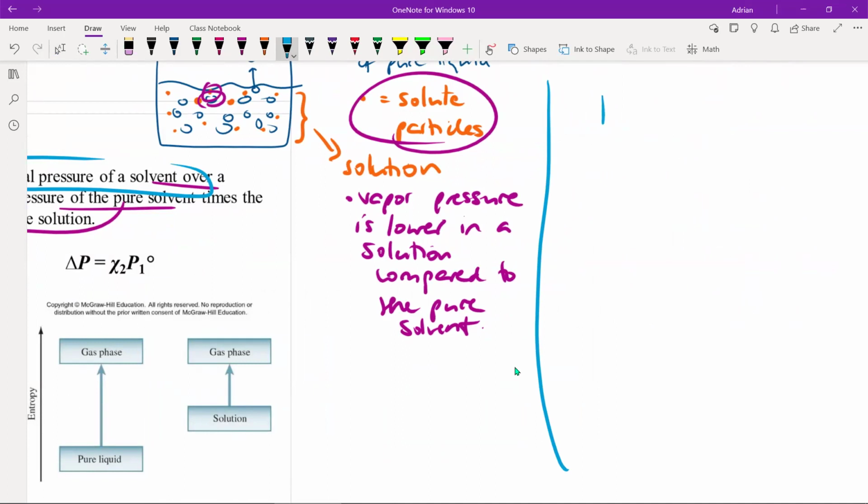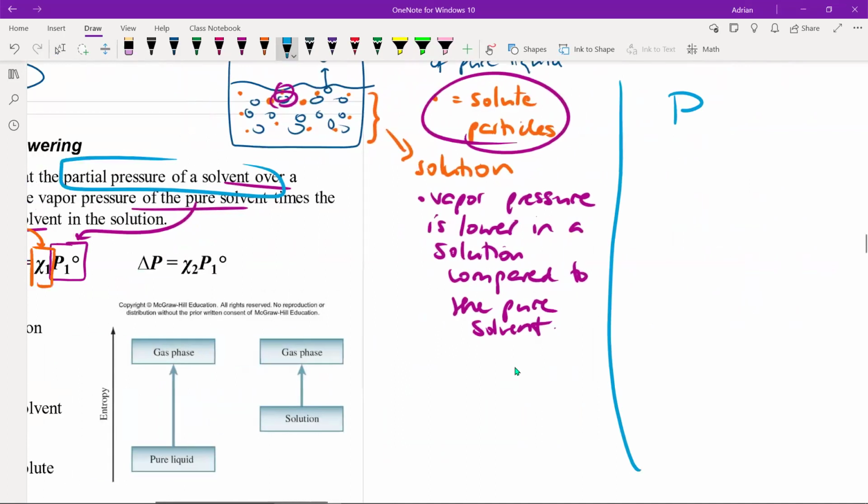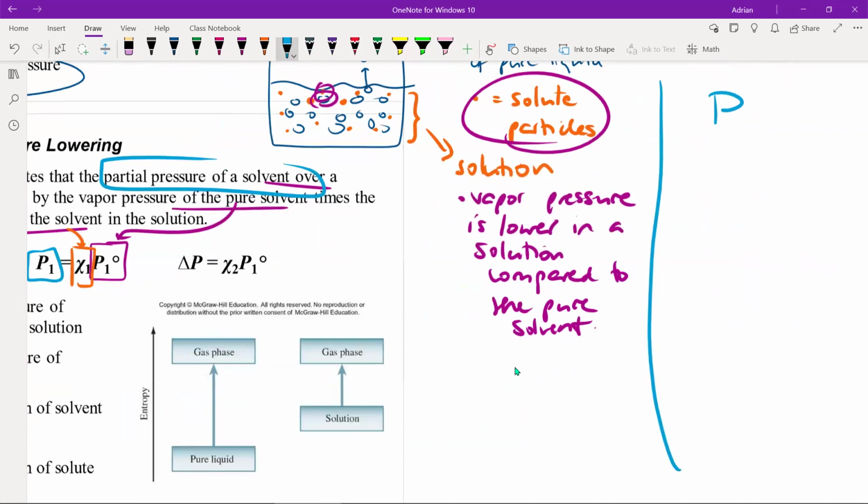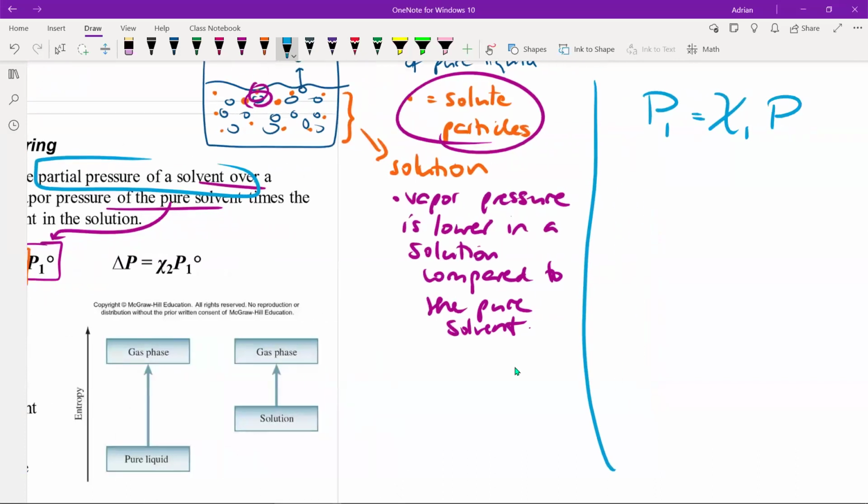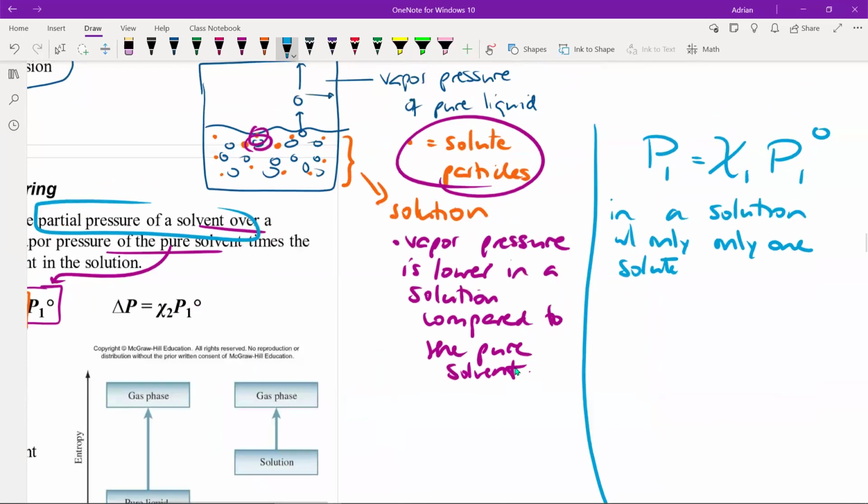The partial pressure of the solvent in a solution is the mole fraction of the solvent times the pressure of the pure solvent. So in a solution with only one solute, remember now the one as a subscript here is for the solvent.